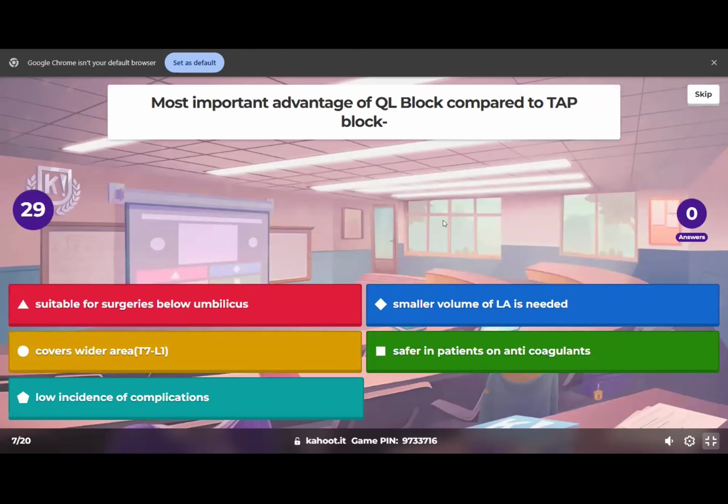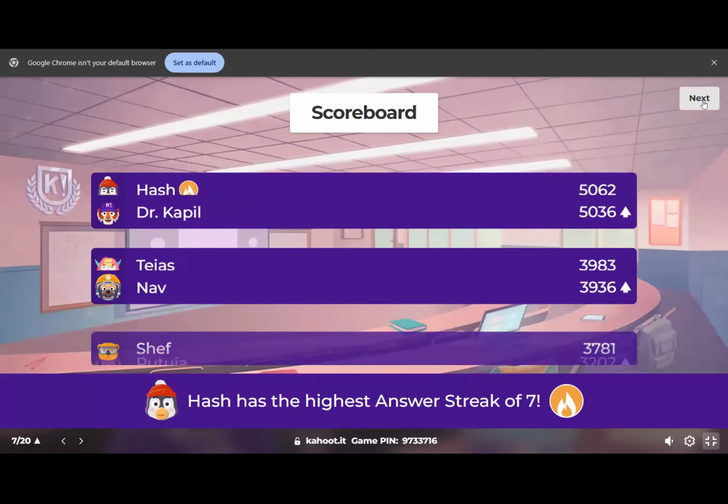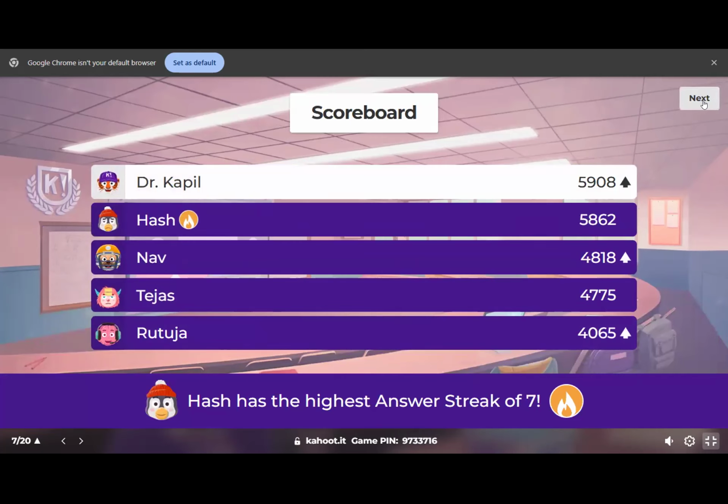Fine. It's a wider area. Again, Dr. Kapil is on top.